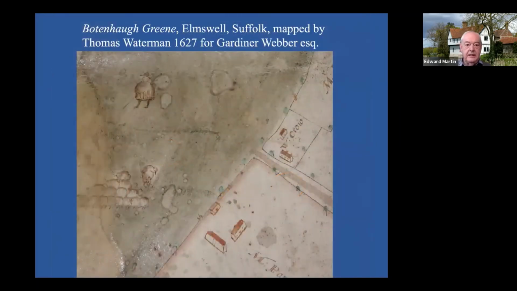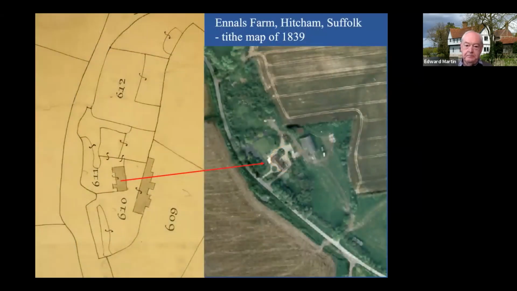And here at Elmswell, again, a very nice map with a rather nice shepherd and his sheep. But there's the house, and again, there's a barn building in front. This is Hitcham. Here we have the house and the barns at the back.